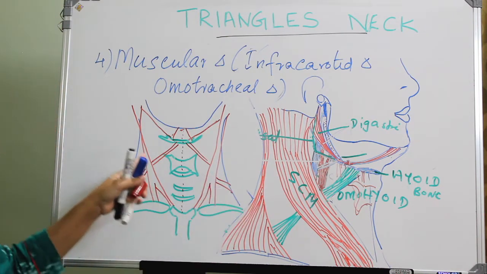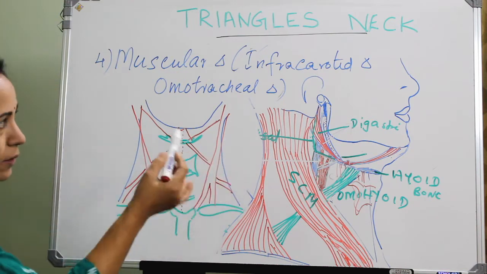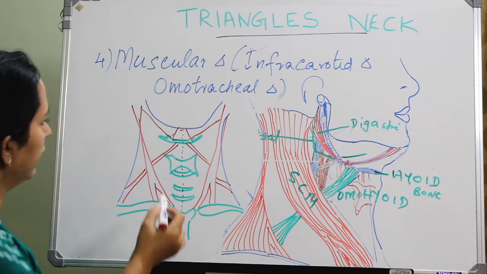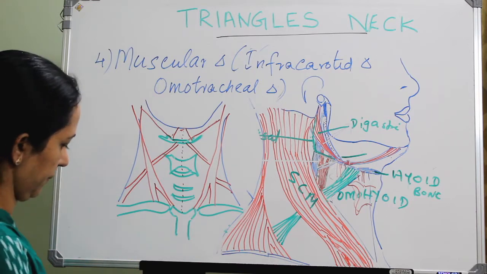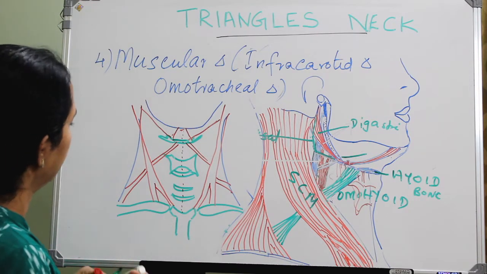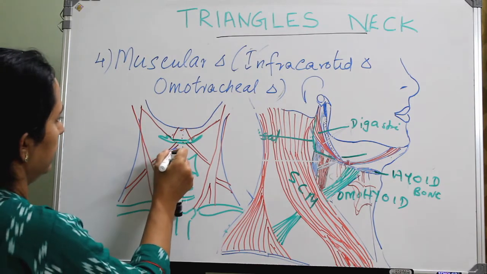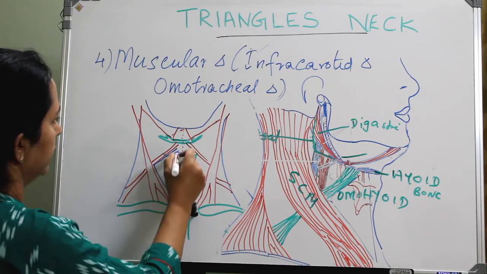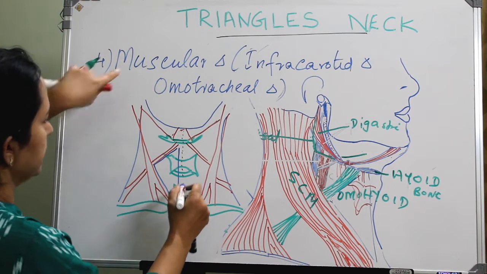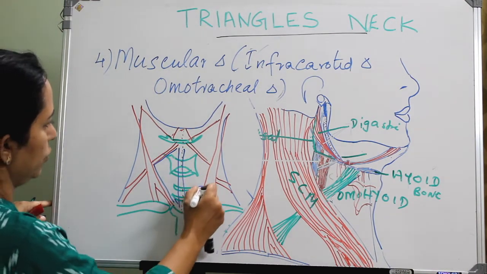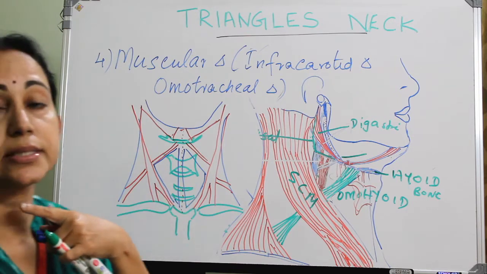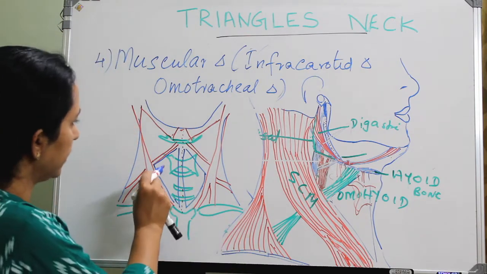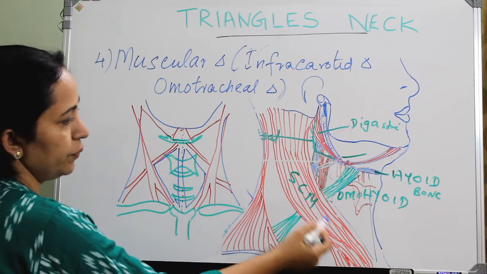Okay, so this became the carotid triangle, and this part, this triangle is the muscular triangle. So the medial border of the muscular triangle is the midline, and laterally there are supralaterally and infralaterally.